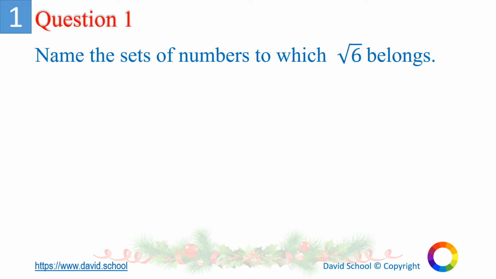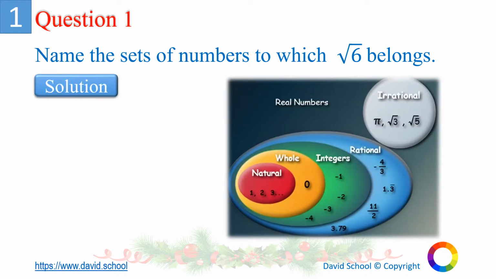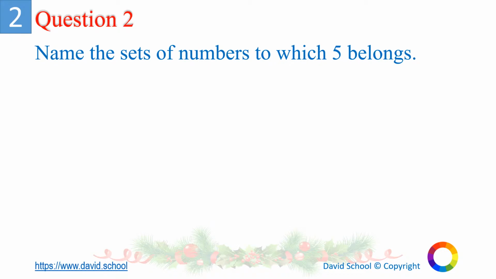Name the sets of numbers to which square root 6 belongs. Root 6 cannot be written as a fraction. Therefore, root 6 is irrational and of course it is a real number. Example 2. Name the sets of numbers to which 5 belongs.